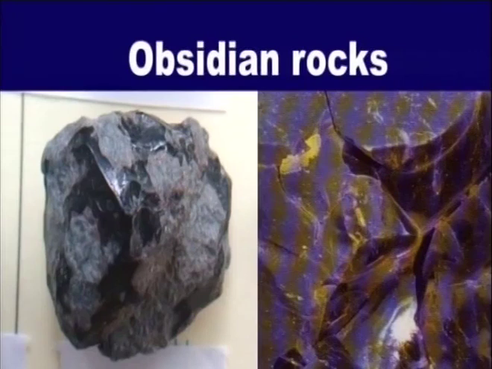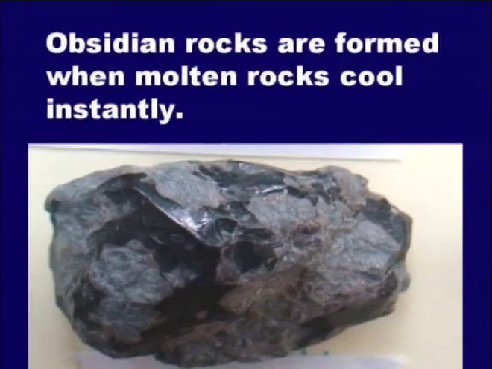Another rock that is formed above the surface is called obsidian rock. Obsidian rocks are formed when molten rocks cool instantly.